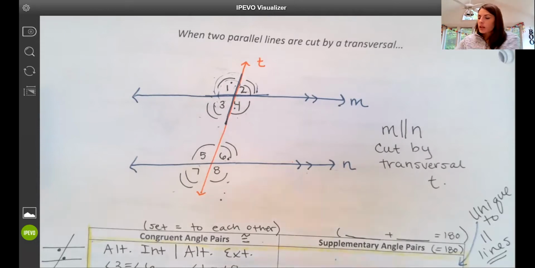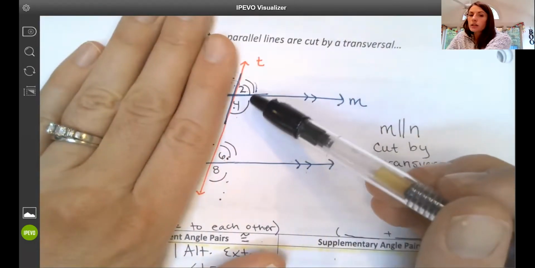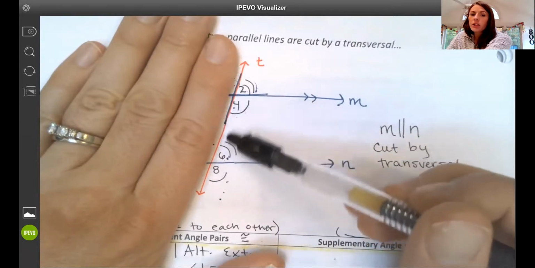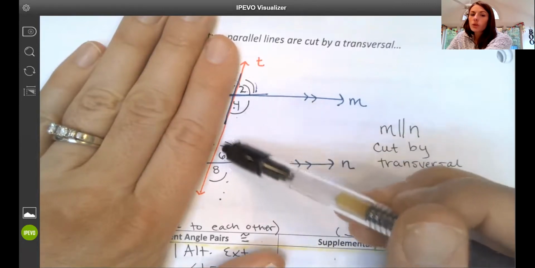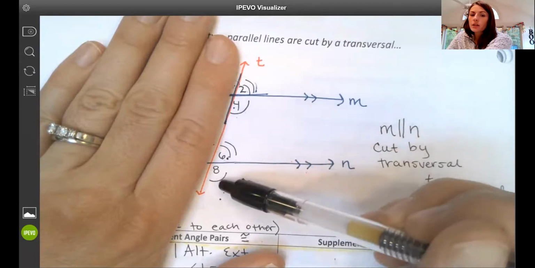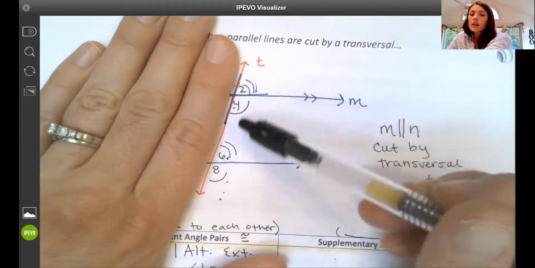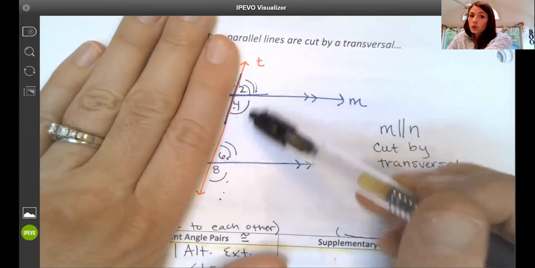Same sides. So if I look at this diagram on the same side interior, again, notice I have one with one arc, one with two arcs. Same with the exteriors.